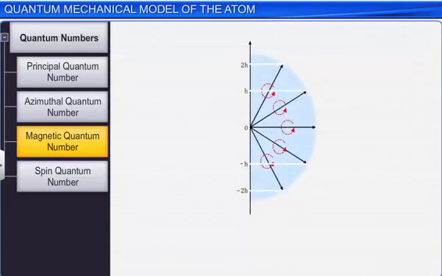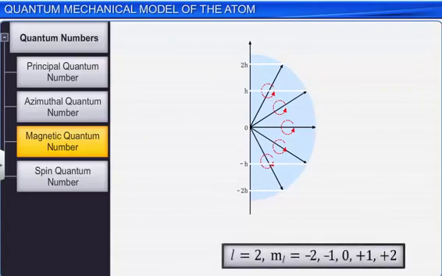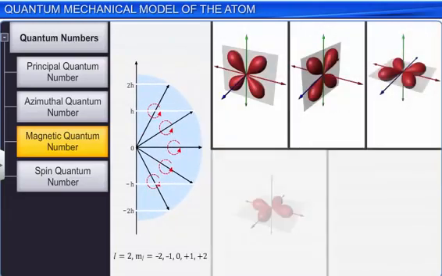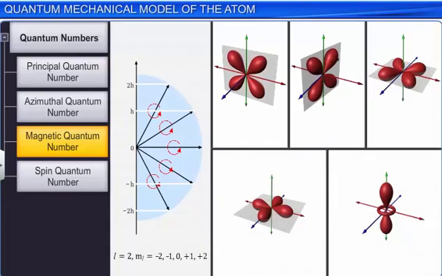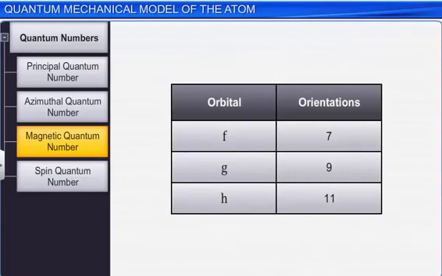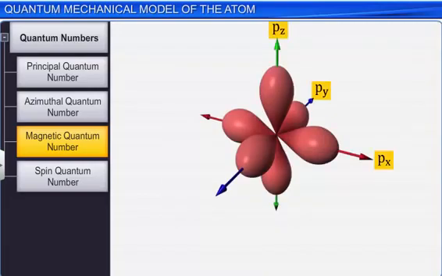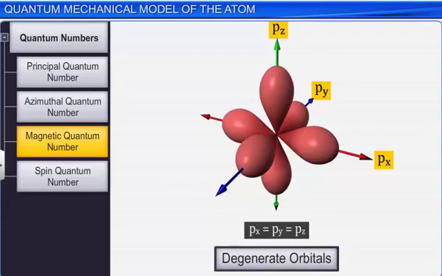Similarly, for l equal to 2, the d subshell has 5 preferred orientations and hence 5 orbitals. Using the same calculation, f, g and h subshells can have 7, 9 and 11 orbitals each. Note that all orbitals belonging to a subshell have the same energies and therefore are called degenerate orbitals.